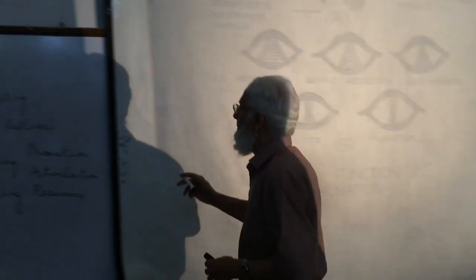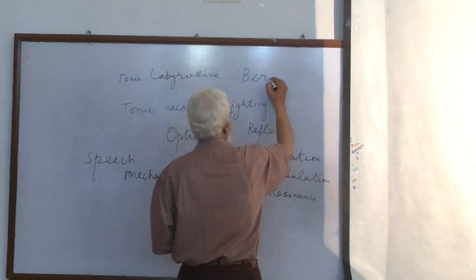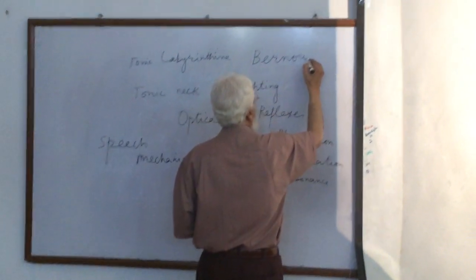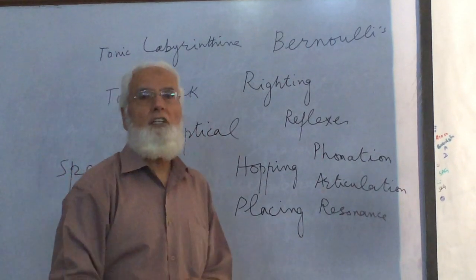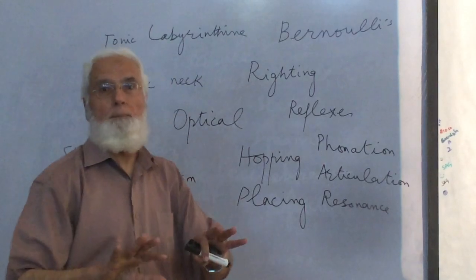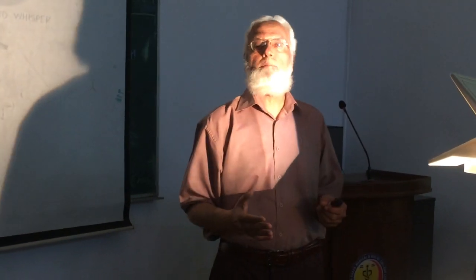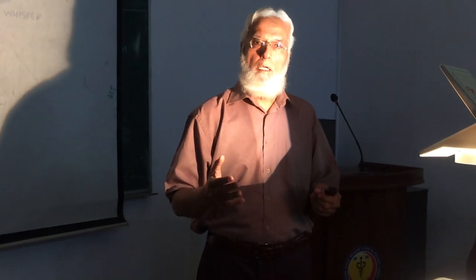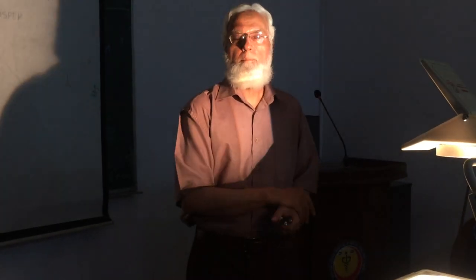So I told you Bernoulli principle. The Bernoulli principle is that whenever something moves with a high velocity, there is a drop of pressure. I give you a simple example. You are standing on the platform along the rail track.